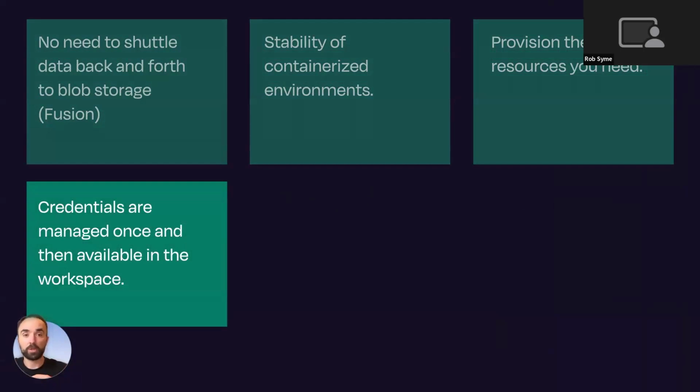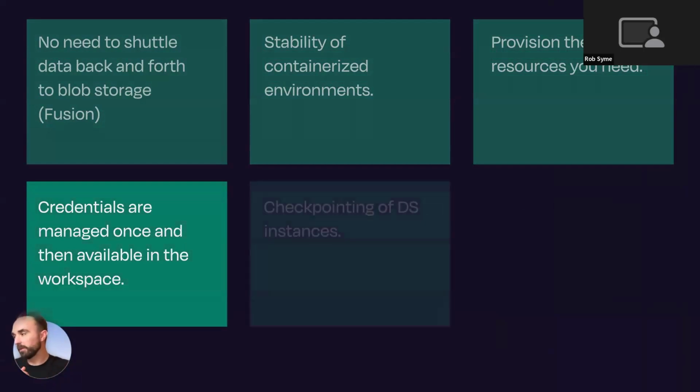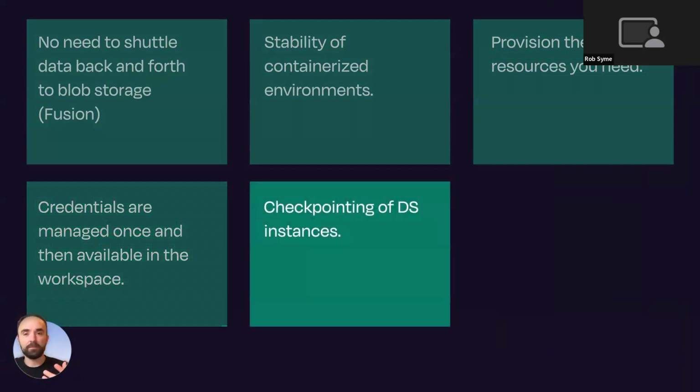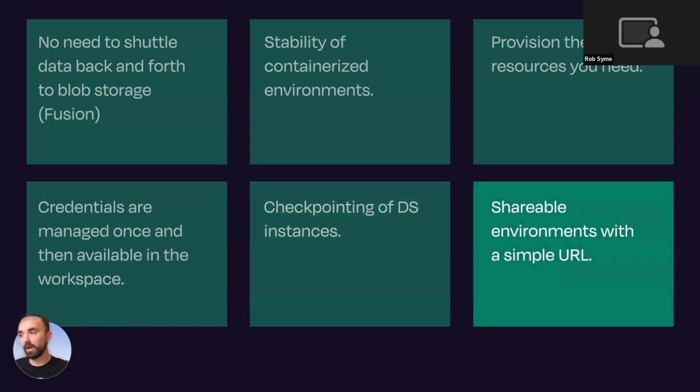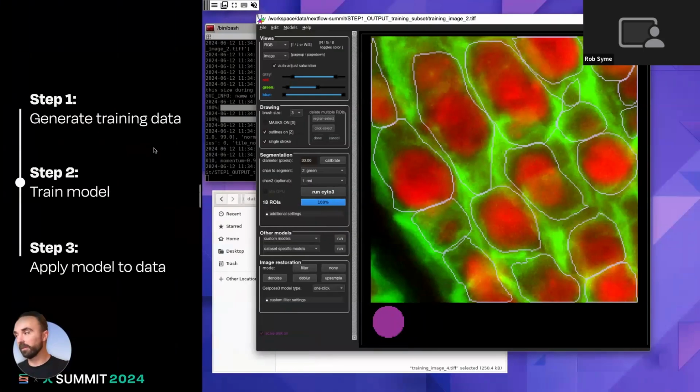So all I need to do is make sure my colleagues have access to the workspace. And as Rob Newman just showed, we have this checkpointing of these Data Studio instances, so I can roll back to and save particular environments. And lastly, we have this wonderful shareable URL that I can just pass to my colleagues to help them log in and use the Data Studio environments.